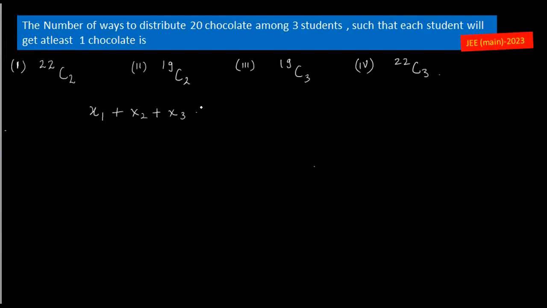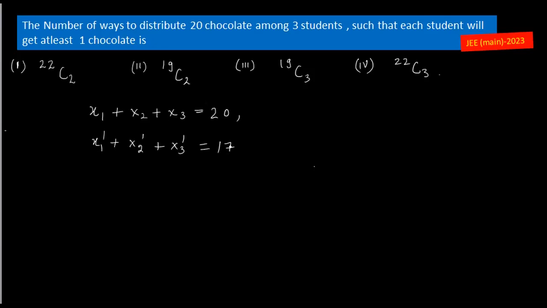So x1 plus x2 plus x3 equals 20 and each of them gets at least 1, so x1, x2, x3 are all greater than or equal to 1. Once we give 1 chocolate to each, it can be rewritten as x1 dash plus x2 dash plus x3 dash equal to 17, such that x1 dash, x2 dash and x3 dash are greater than or equal to 0.